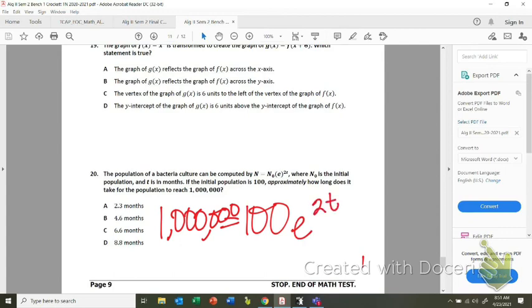There's our equation. We're looking for when the population is going to be 1 million. It tells us our initial population is 100. And we're plugging in all of those t values to see which one is closest. So we're going to plug in 2.3, and then 4.6, and 6.6, and 8.8. And you tell me which one is closest to 1 million when you plug all of those in to the t value. How do you get E on there?